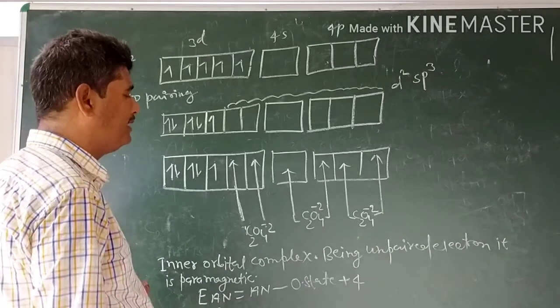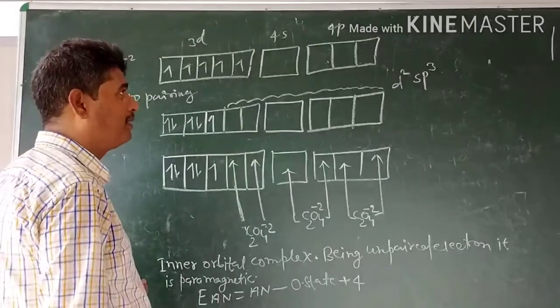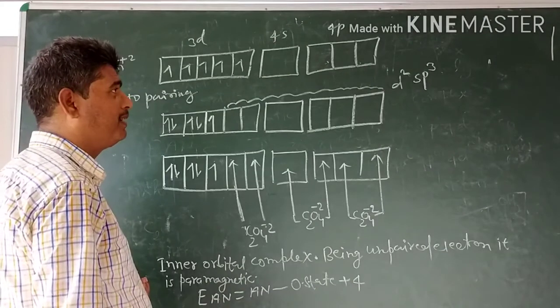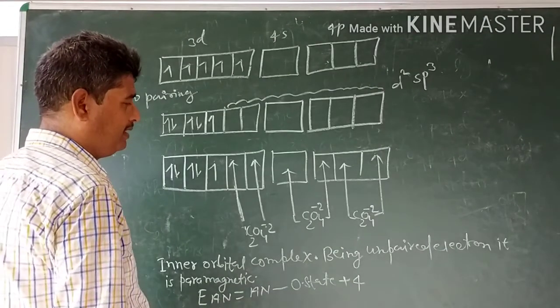For each coordinate bond, 2 electrons, that is 1 pair of electrons, are donated.